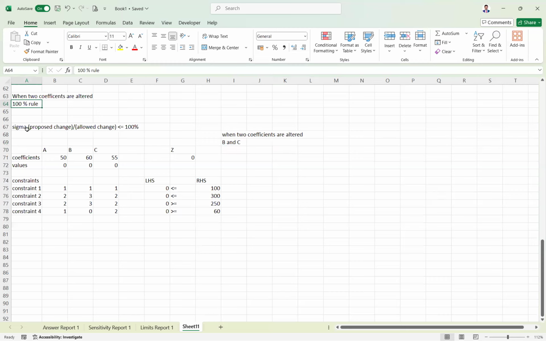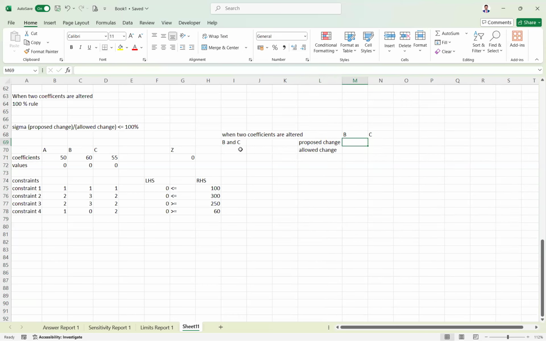The rule is like this: sigma of proposed change divided by allowed change is less than or equal to 100%. Sigma is nothing but summation, for B and then for C. What is the proposed change, and what is the allowed change?